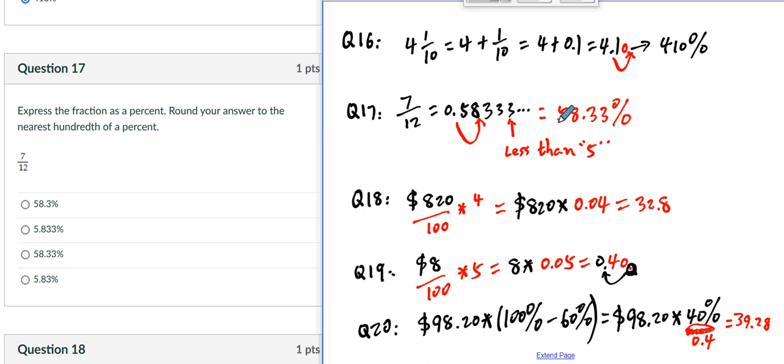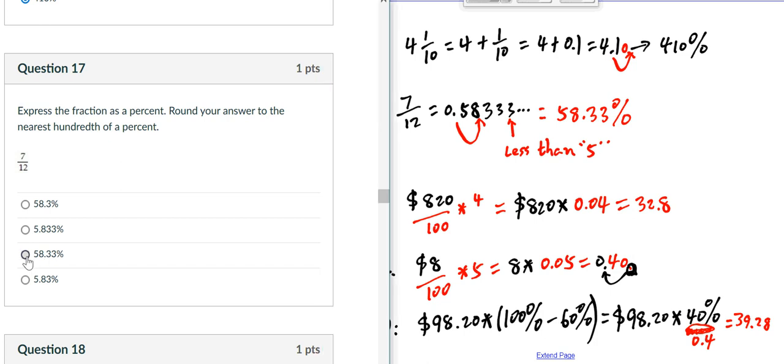And we will get 58.33. Remember, here this position is the tenth. This position is the hundredth. So that's why here we have 58.33%. This would be our choice right here. This one.